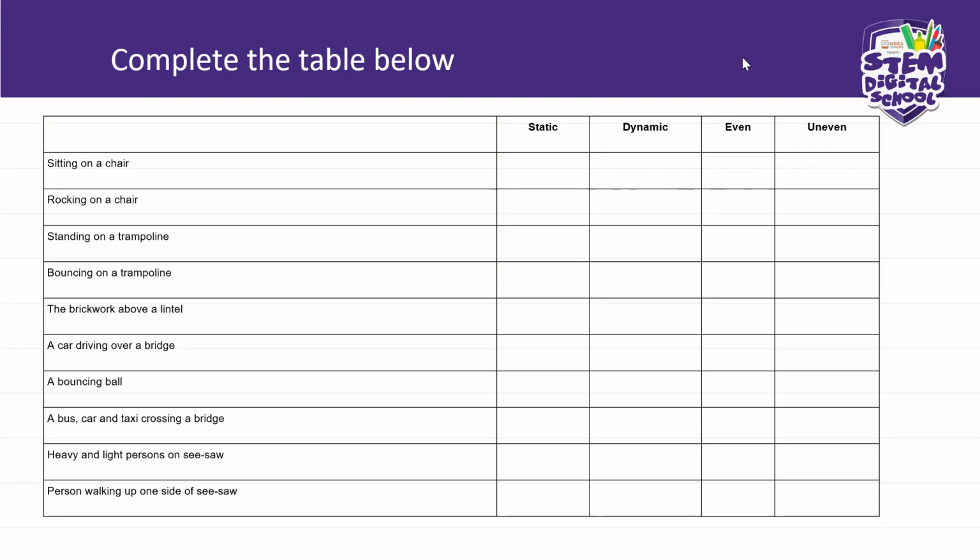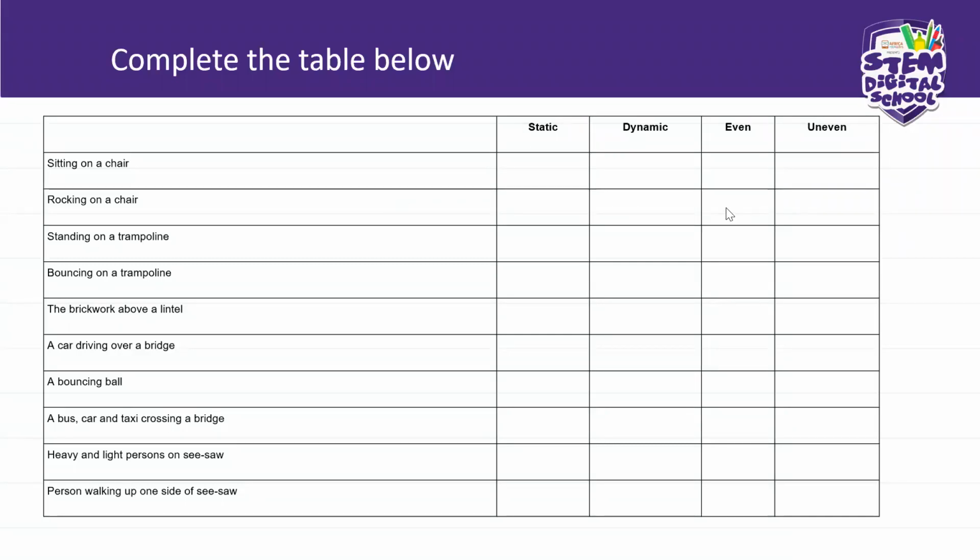When you are rocking a chair, is it static or dynamic force? It is static because you are moving the chair. You are moving the chair. Okay. Is it even or uneven load? The load.